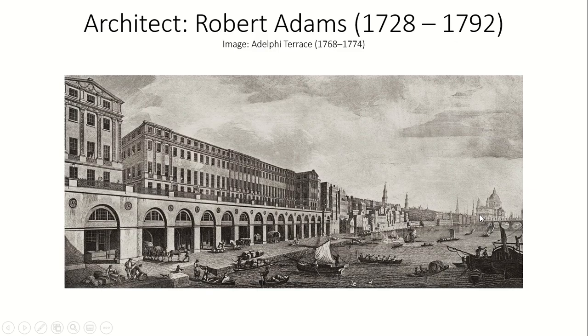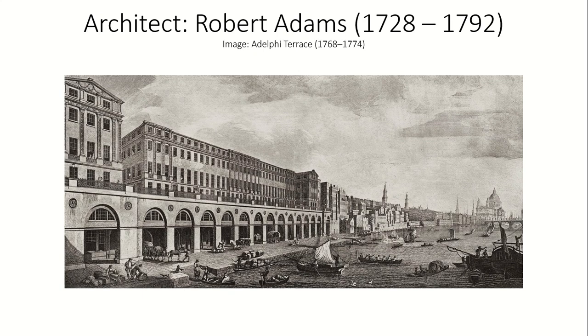Before we get into any of the terraces that I'm talking about, we must know a little bit about the architects. Robert Adam was a Scottish neoclassical architect, interior designer, and furniture designer, born on July 3rd, 1728, son of Scotland's foremost architect William Adam, who he trained under along with his older brother John.